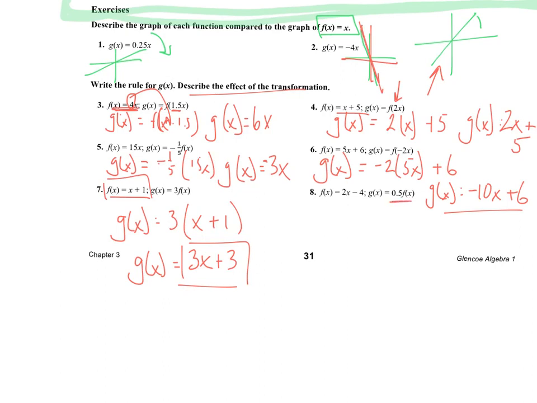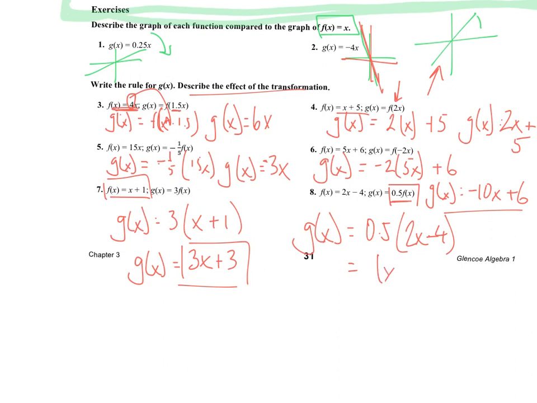Our last one, here we go. F of x is 2x minus 4. G of x is 1/2, or 0.5, of the entire function. So again, output is getting multiplied. So g of x will equal half of the entire function, 2x minus 4. Okay, so half times 2 is just 1x.